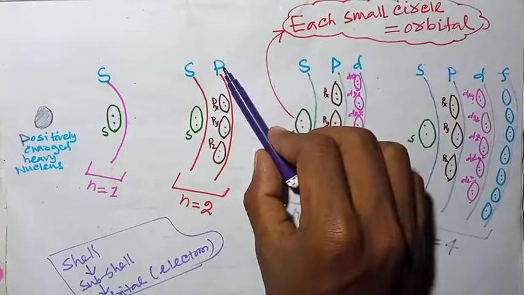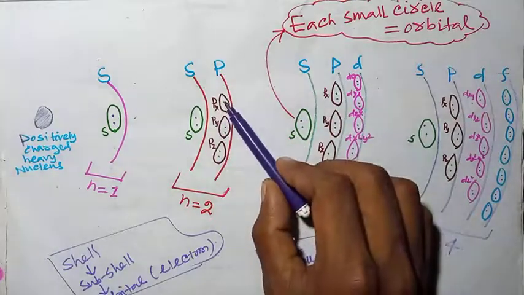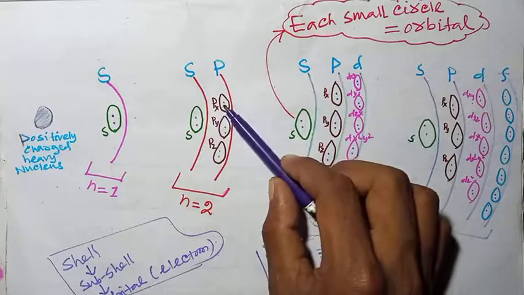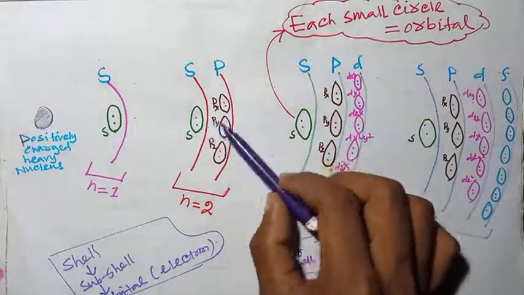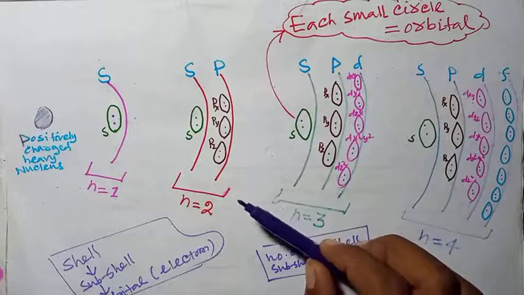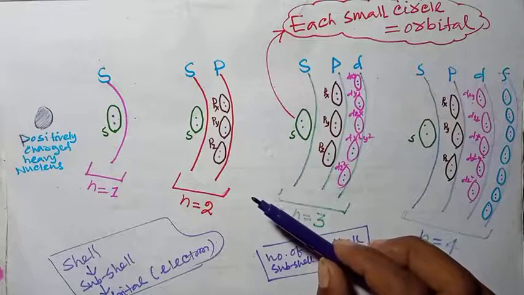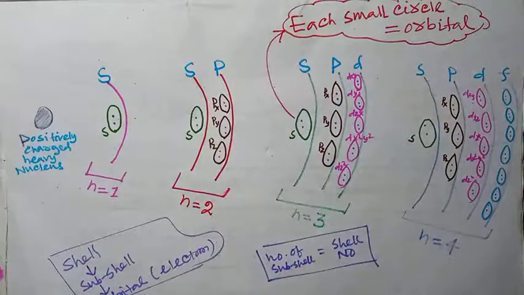Similarly, P subshell has 3 orbitals, Px, Py and Pz, each with a maximum of 2 electrons. So the total number of electrons will be 2, 2, 2, 6, plus these 2, which is 8 electrons. So there are a maximum of 8 electrons in shell number 2.